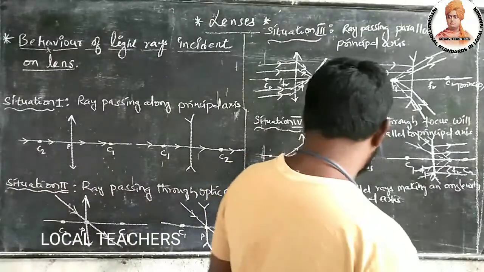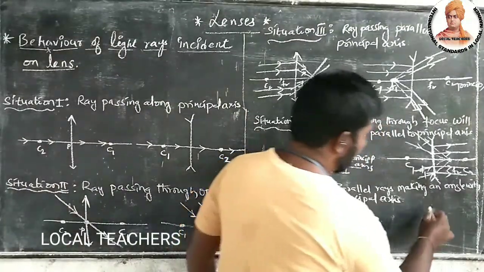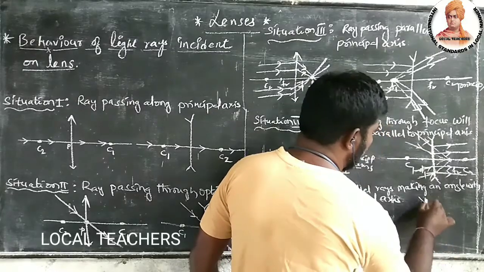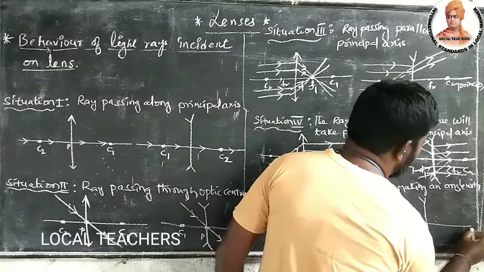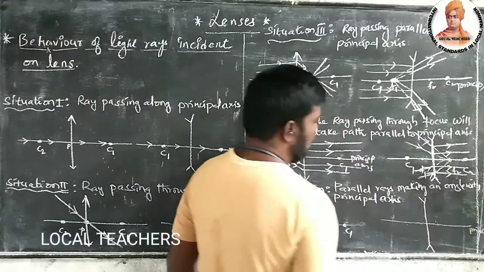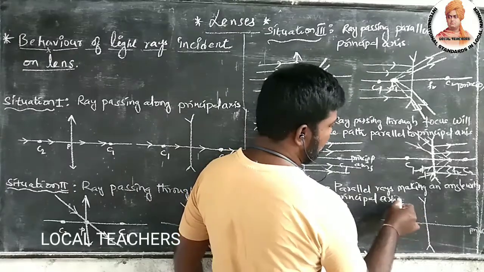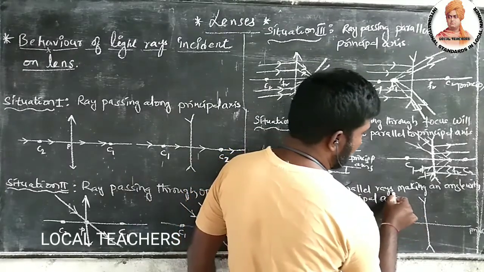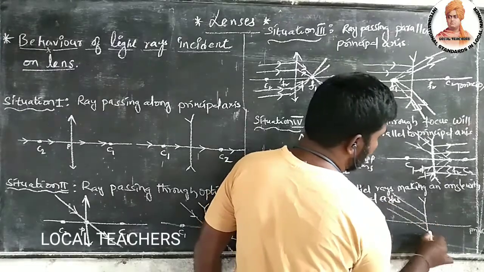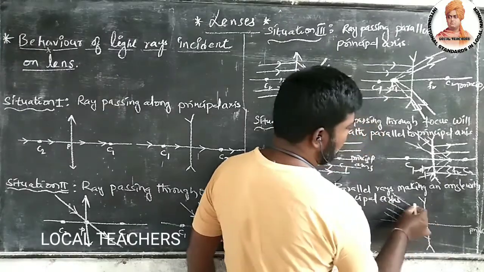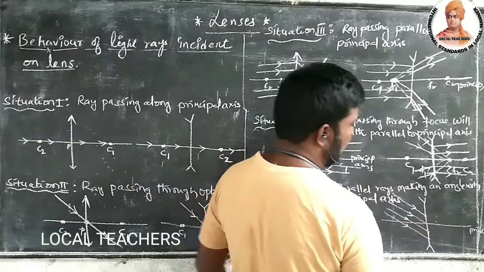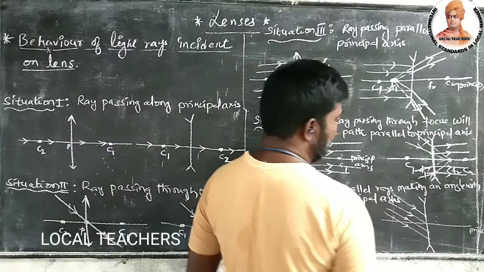If we draw the same diagram for the concave lens, this is the principal axis. Some rays are coming like this, such that they make some angle with the principal axis. These are the incident rays which fall on the concave lens.